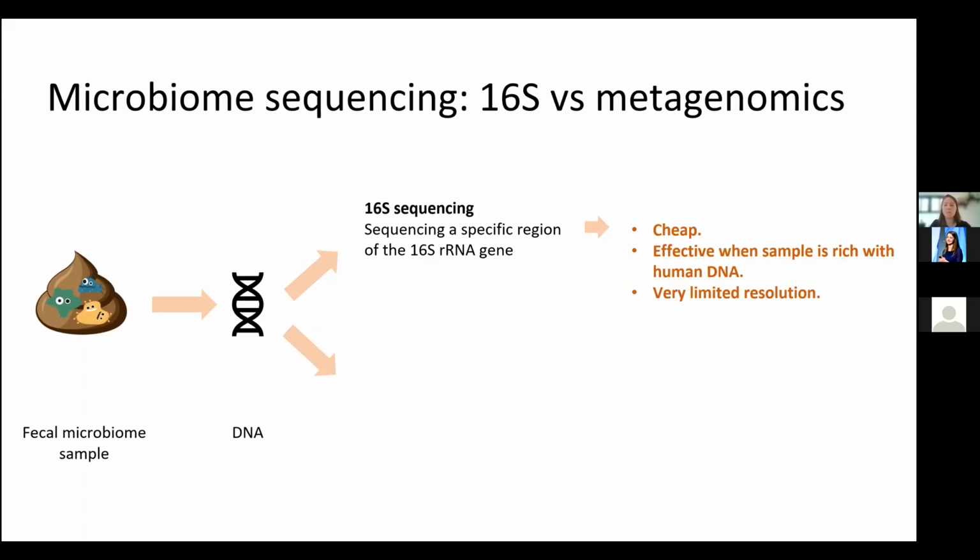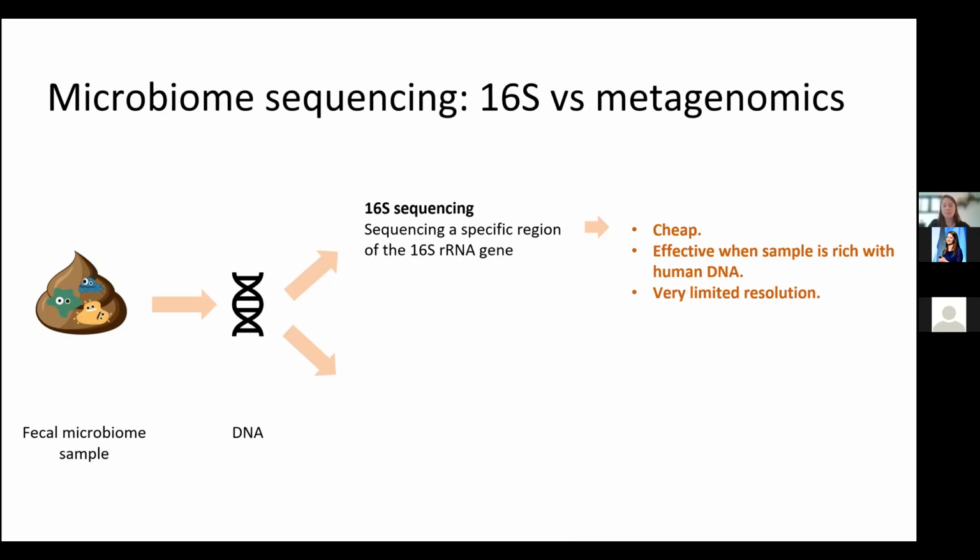One approach is 16S sequencing. It's a very common approach in which you specifically amplify and sequence a specific region of the 16S RNA gene of the bacteria. Then you have the sequence and you can align it to known 16S genes of different bacterial species, or you can use a higher taxonomic level.